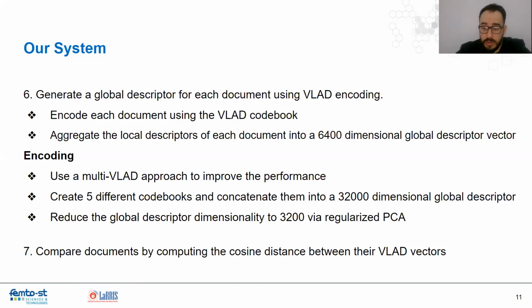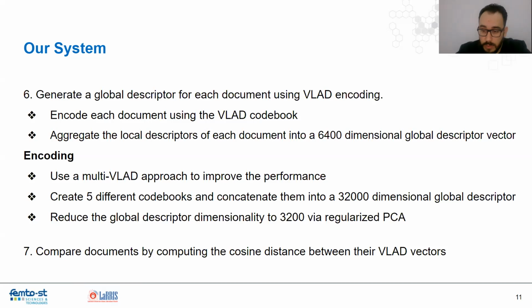The dimension is 32,000 for the feature. Finally, we reduce the global descriptor using the regularized PCA, and we extract only 3,200 descriptors. And we compare the documents by using the cosine distance between the VLAD vectors.